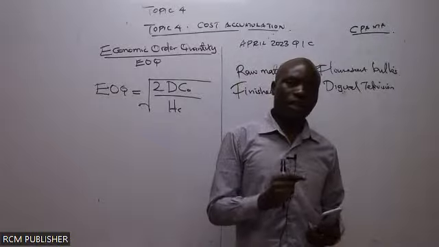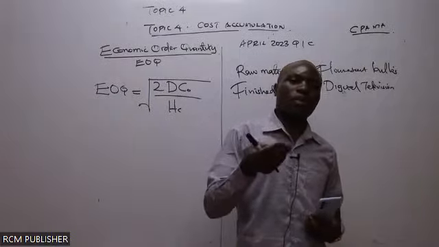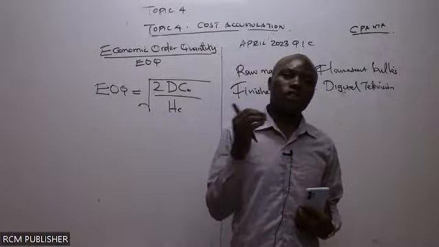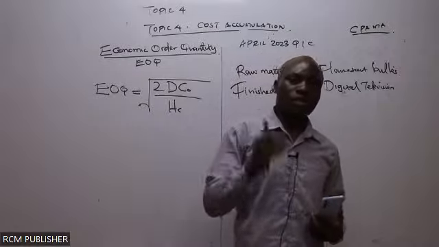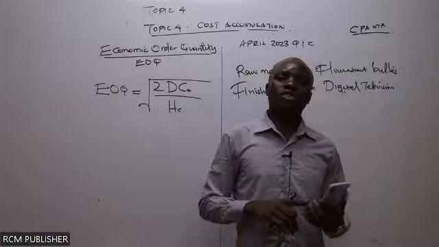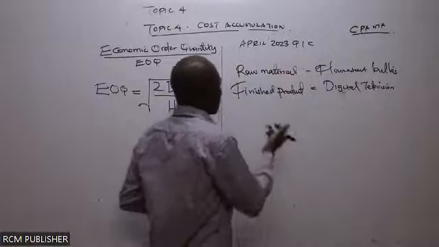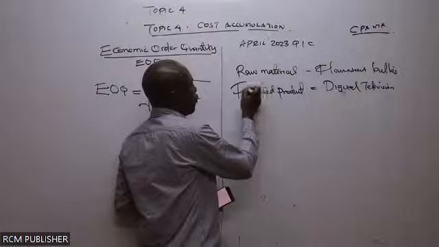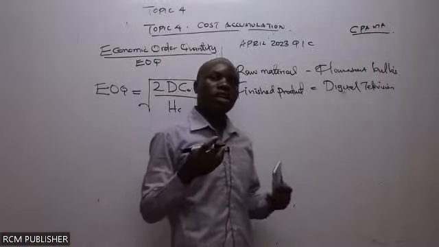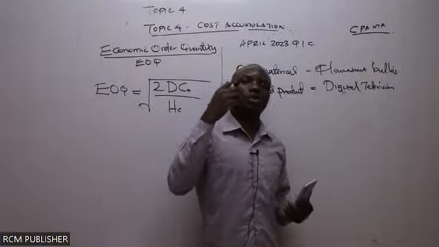That is okay. But then what if you produce more goods, more than what the market demands? What will be the next problem? These goods will be staying in your premises for a longer time. Some of them will be destroyed. Some of them will be stolen. Some of them will be below the technology and therefore they will not sell. So what will happen? You're also going to make losses because your products have become obsolete and they cannot be sold.